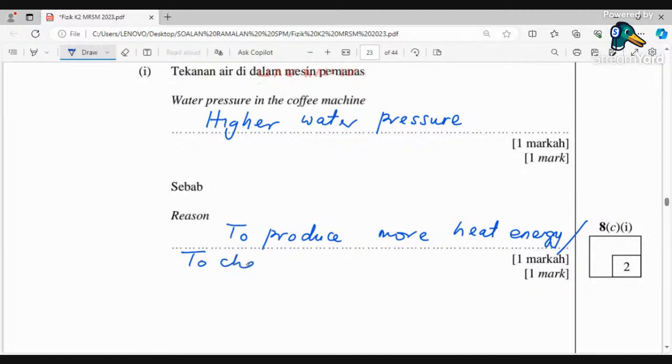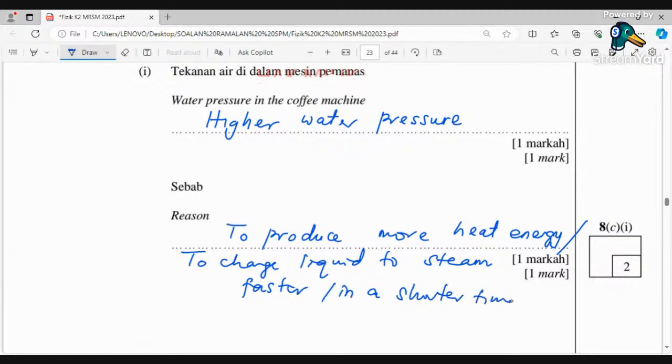To change liquid to steam atau gas faster, atau in a short time. Lebih cepatlah proses dia kalau high water pressure.